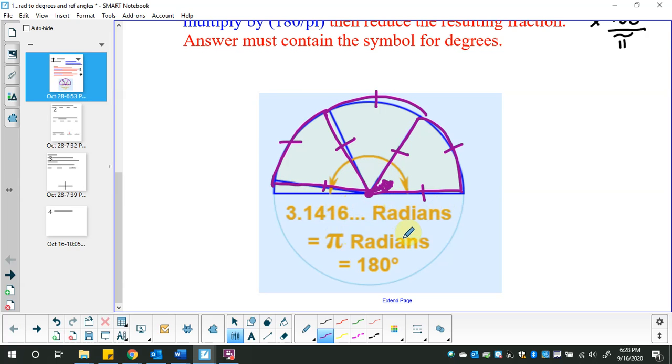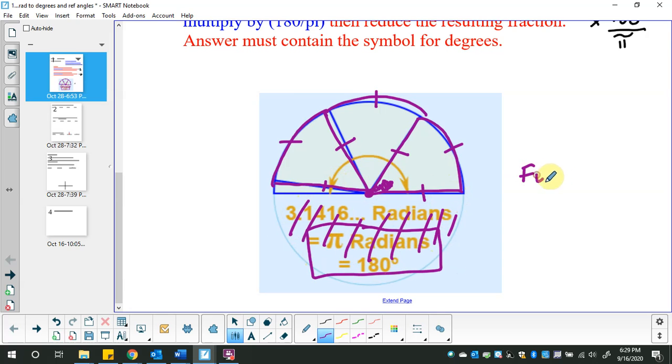So you actually have pi radians in half a circle. So pi radians is equal to 180 degrees. That means you've got another pi radians down here. So in a full circle, which is 360 degrees, you have 2 pi radians.